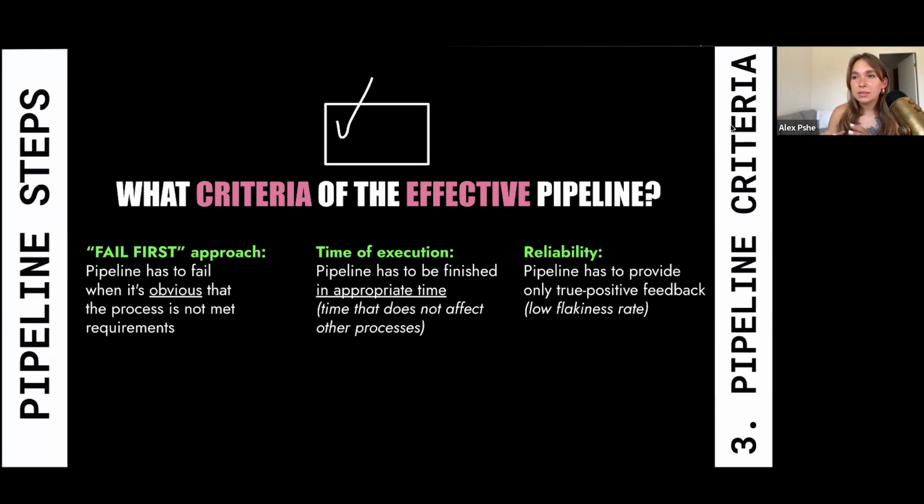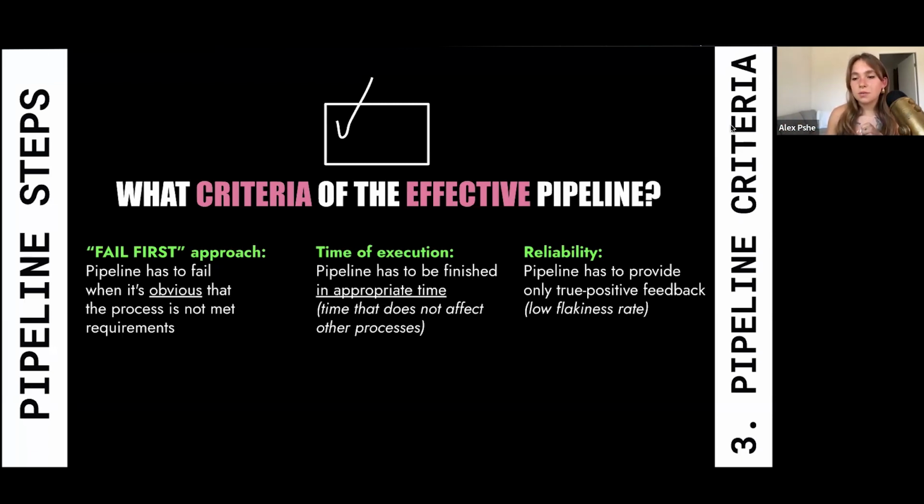Why do we set up everything? We set up this system because it should provide us an objective high level picture of the quality status of our product version. And if the flakiness rate is really high, the same as with auto tests, it doesn't make any sense.